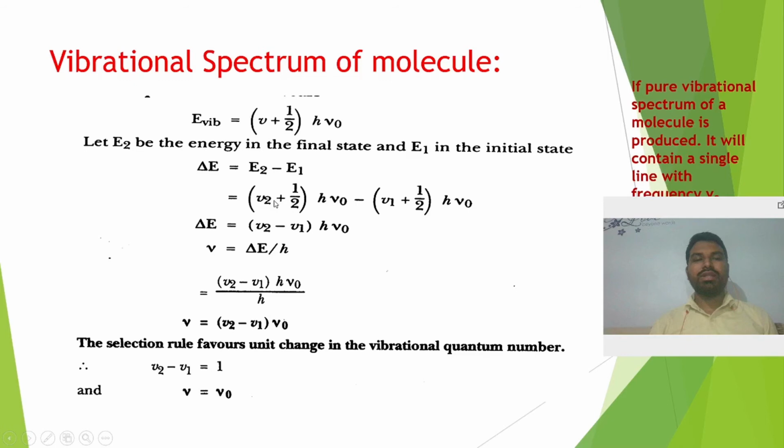Nu will be delta E upon h, so nu will be v2 minus v1 times nu 0. The selection rule favors unit change in vibrational quantum number, so v2 minus v1 will be 1 and nu will be nu 0. Now if a pure vibrational spectrum of a molecule is produced, it will contain a single line with frequency nu 0.